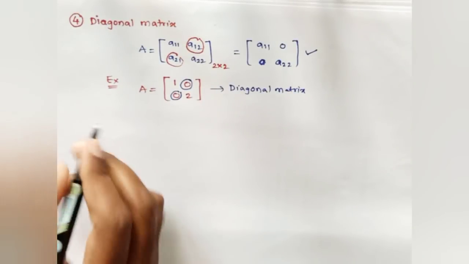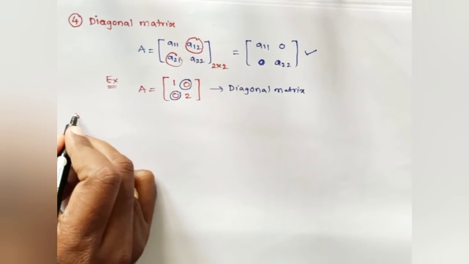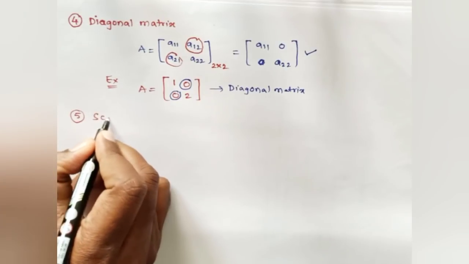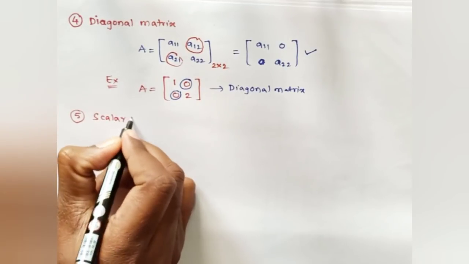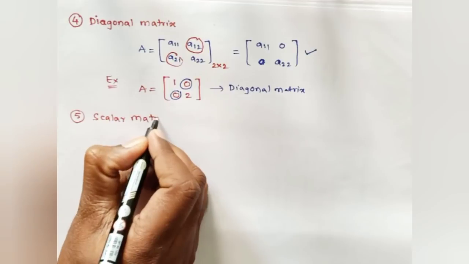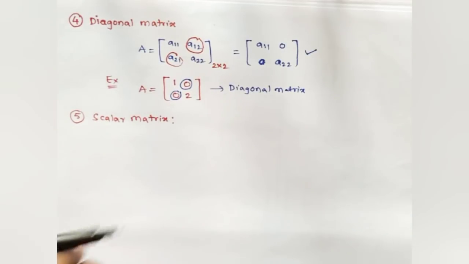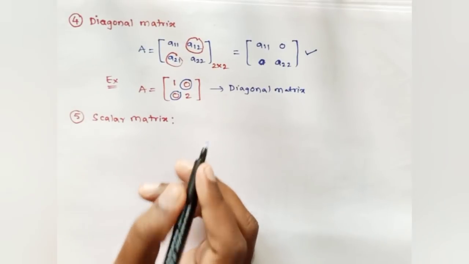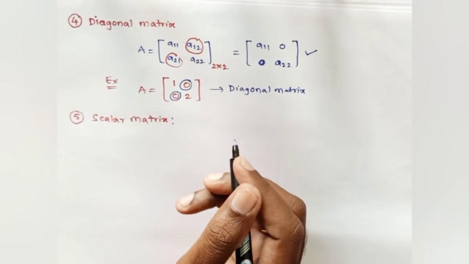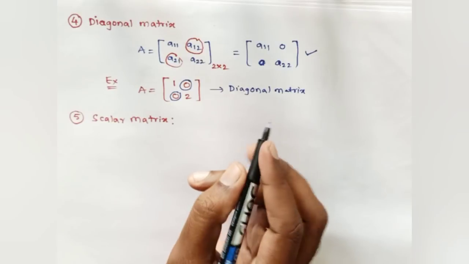The next type is the scalar matrix. Here, a diagonal matrix is said to be a scalar matrix if all the diagonal elements are equal.